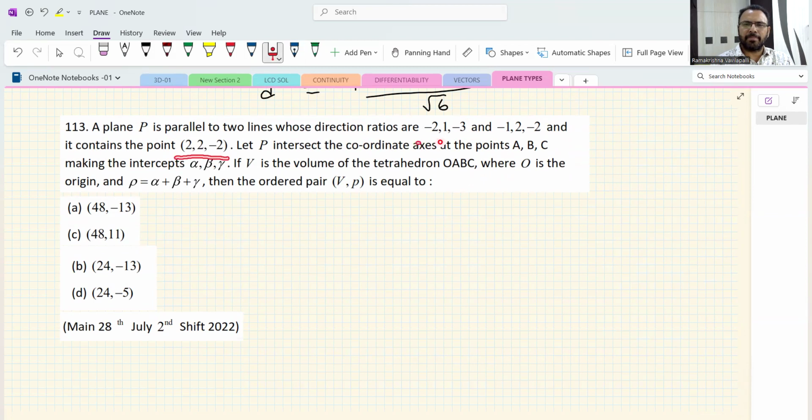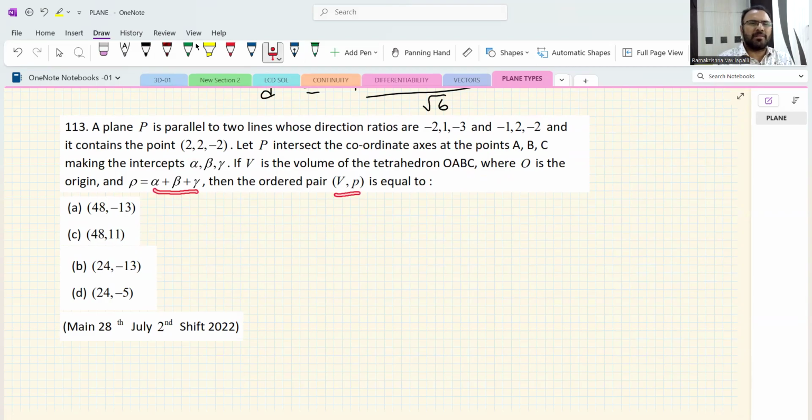So point given, parallel vectors are also given. Let P intersect the coordinate axes at A, B, C, making intercepts alpha, beta, gamma. Nice. If V is the volume of tetrahedron OABC, O is the origin, and rho is equal to alpha plus beta plus gamma, then what are these?